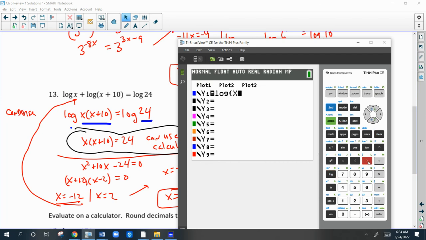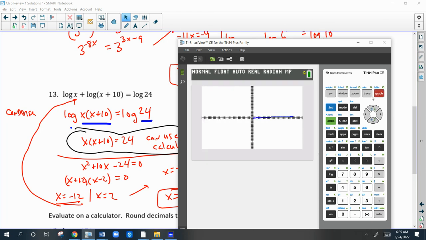I forgot to close my parenthesis around that one. Make sure you do. Plus log of quantity x plus 10. Close that parenthesis. Now it equals log of 24. As you know, you have to bring that over, so you would subtract log 24.